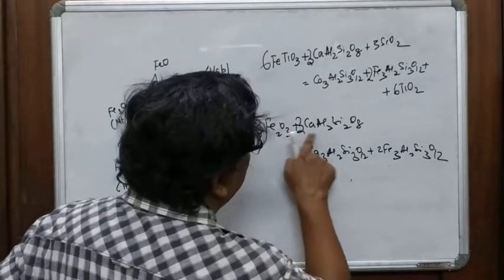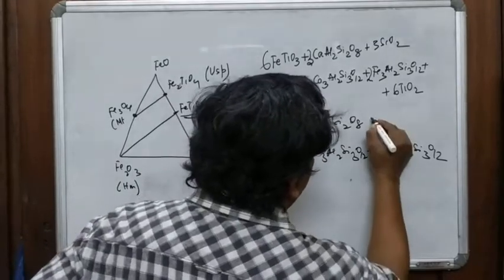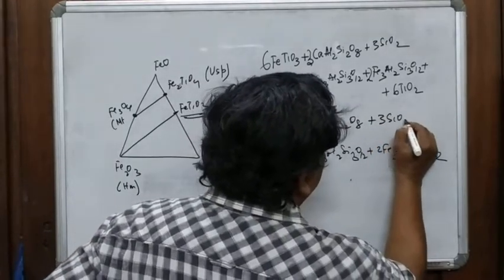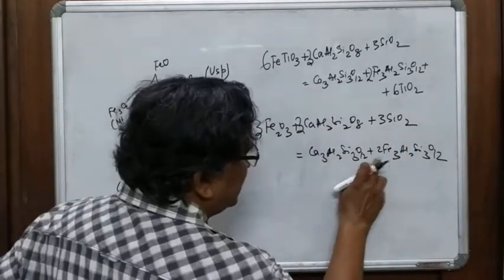Balanced silicon is 3 into 2, 6, 3 into 2, 6, and 2, 6 plus 3 SiO2. So you have 3 silicon plus 6 silicon, 9 silicon, 3 silicon plus 6 silicon.